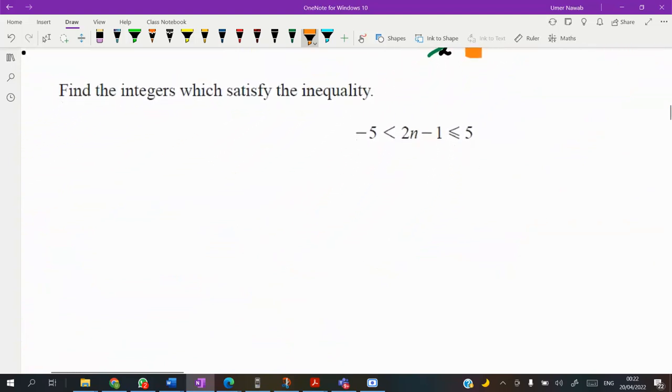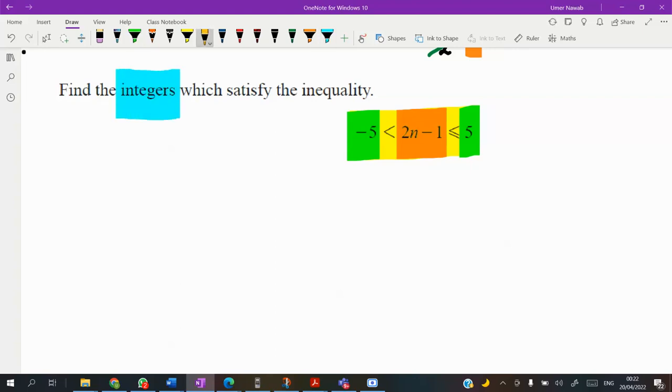Sometimes the examiner gives you an inequality that I always call a sandwich inequality, because you see your variable n is sandwiched between minus 5 and plus 5. So we need to look for those values of n. What is n basically? Here, n is an integer. All of you remember, guys, integers are whole numbers without decimals, with plus and minus signs.